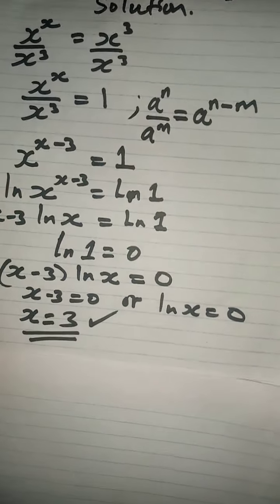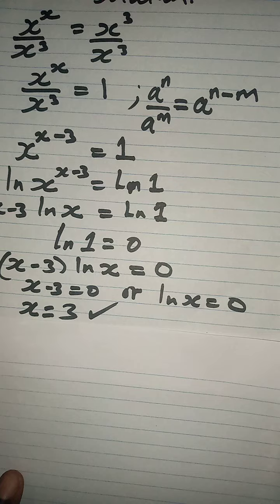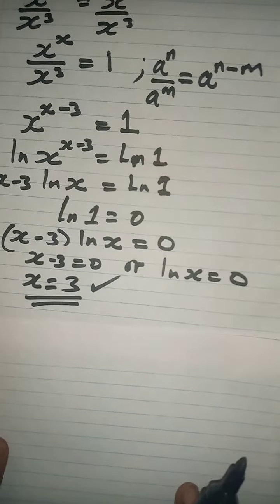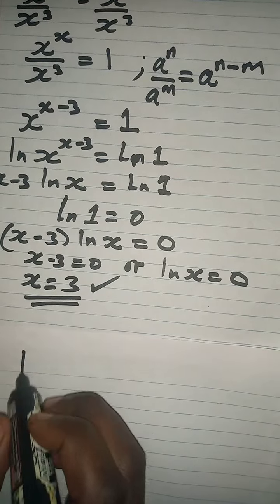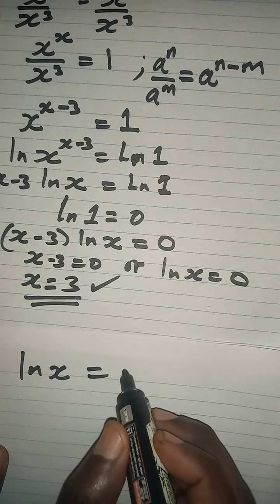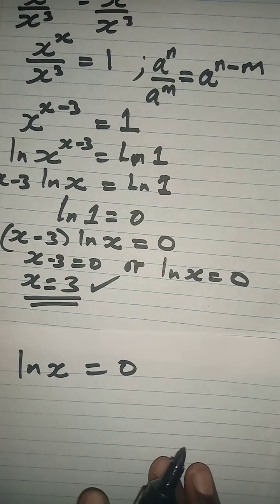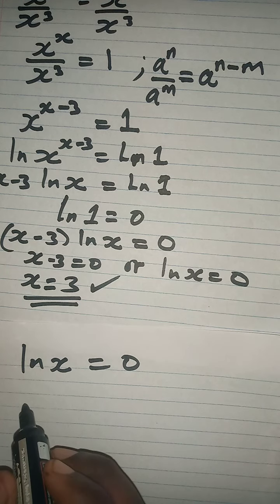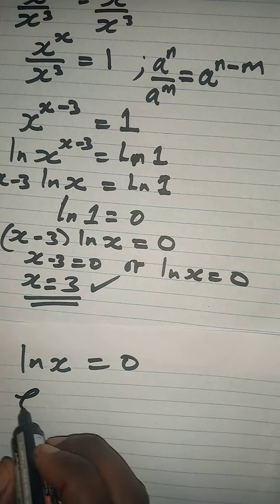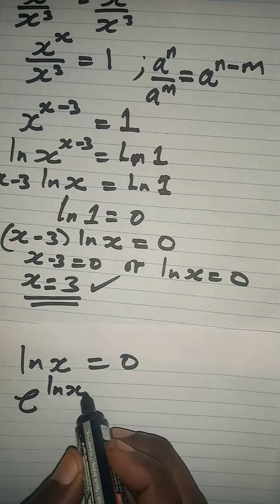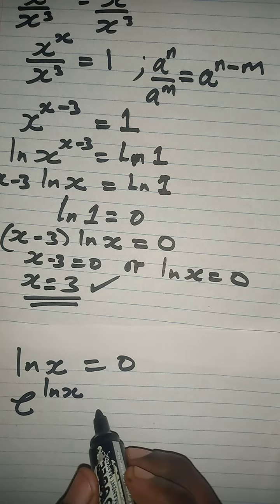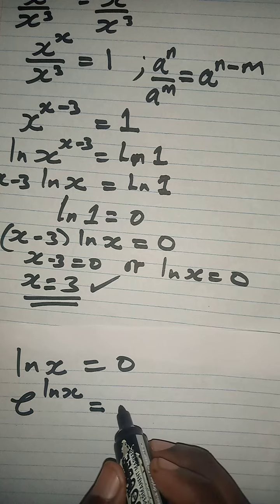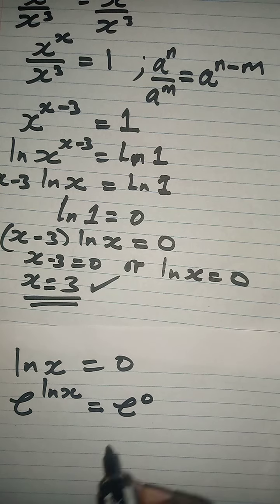On the other side, let us see if we can find the other solution. From the natural log of x is equal to 0, I'm going to introduce an exponential on both sides, so that the exponential of the natural log of x is equal to the exponential of 0.